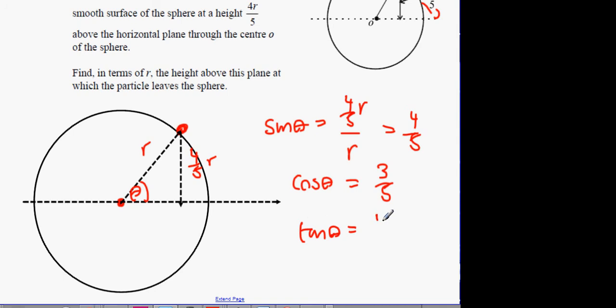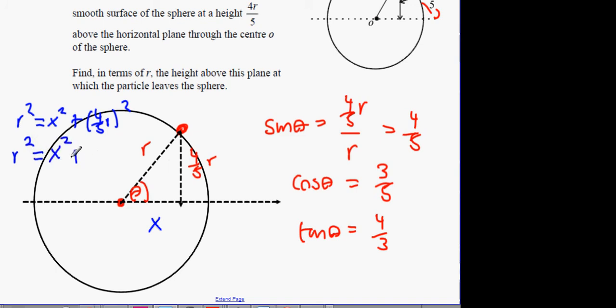Now you can also use Pythagoras' theorem to figure out what x is, so you'll get r squared equals x squared plus 4 over 5 r squared. You'll square that out, you'll get r squared equals x squared plus 16 over 25 r squared.